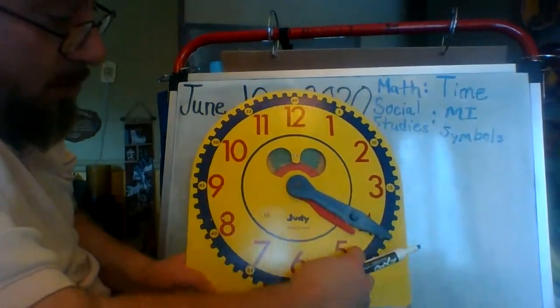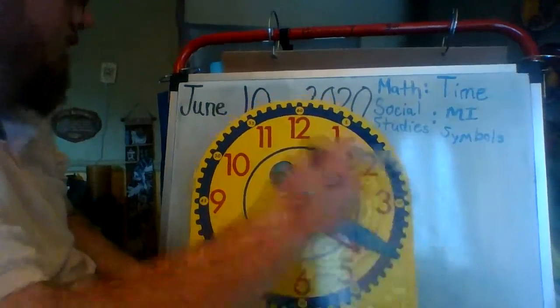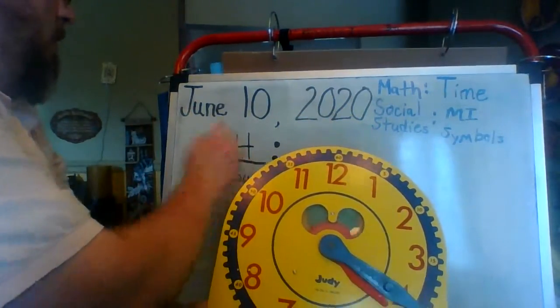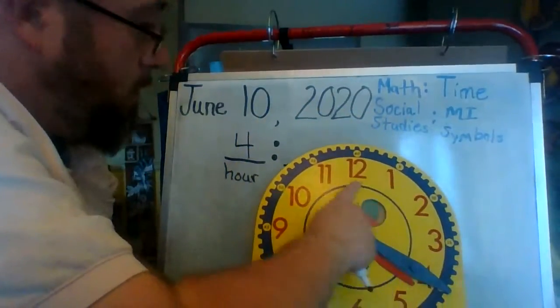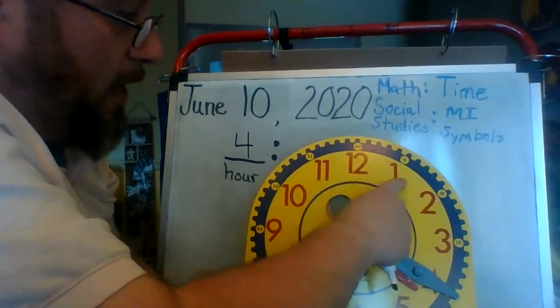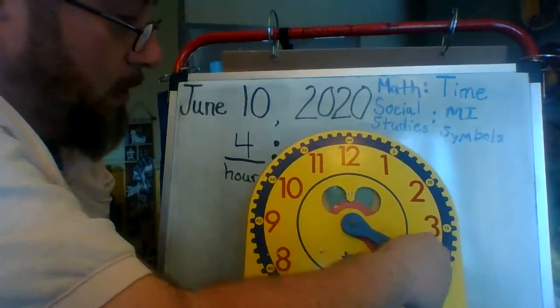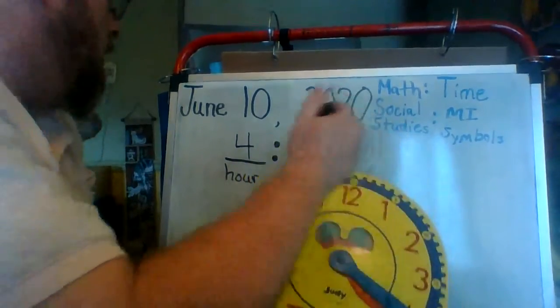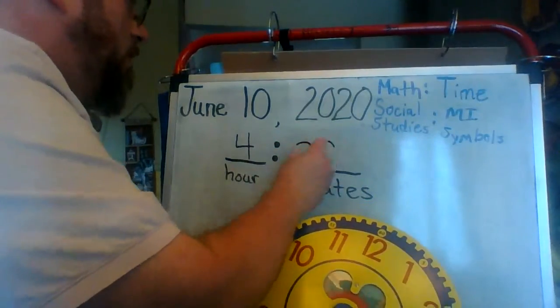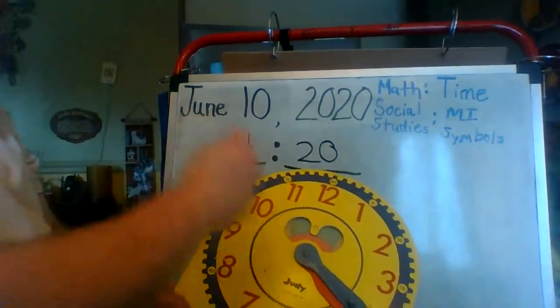My hour hand is between the 4 and 5, so I'm in the hour of 4. If I start here at the 12 and count by 5, 5, 10, 15, 20. So the time is 4:20 or 20 minutes past 4.